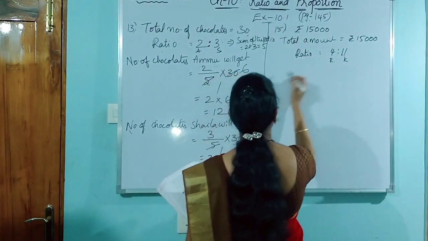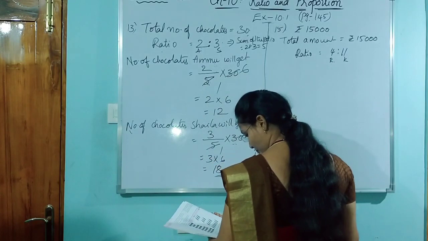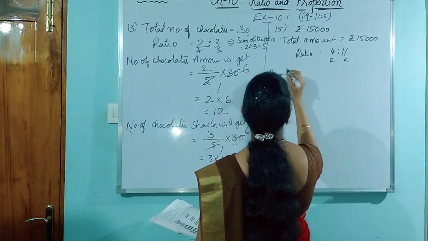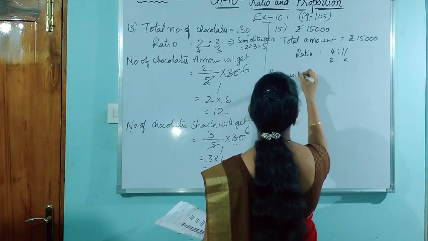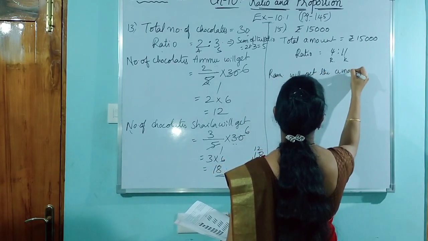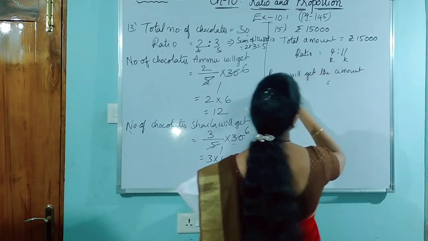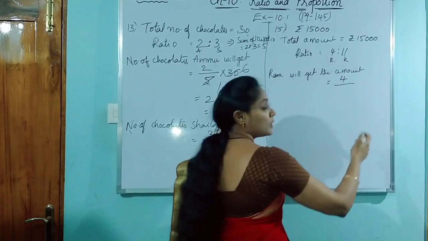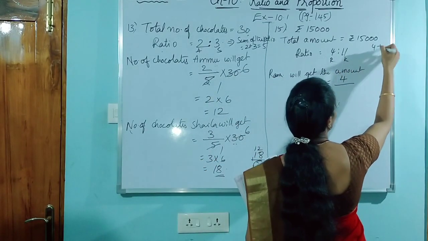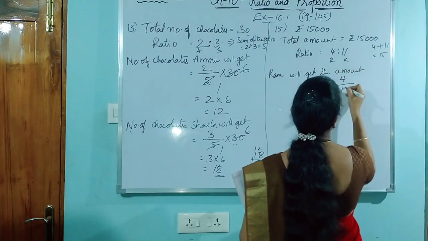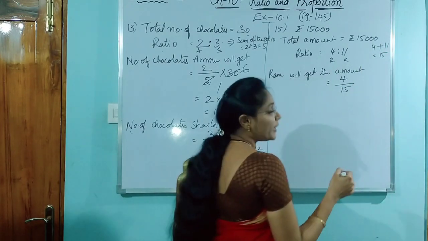First of all, let us find out Ram. Ram will get the amount. How much? Ram's term 4 by sum of the terms. Sum of the terms means add those two terms. 4 plus 11, 15. 15 is the sum of the terms, the denominator.